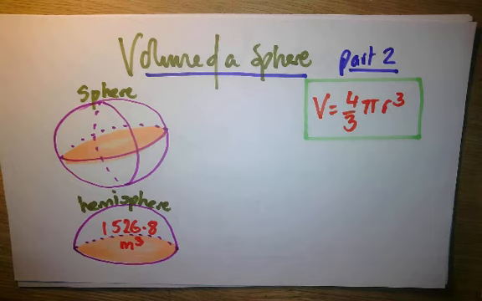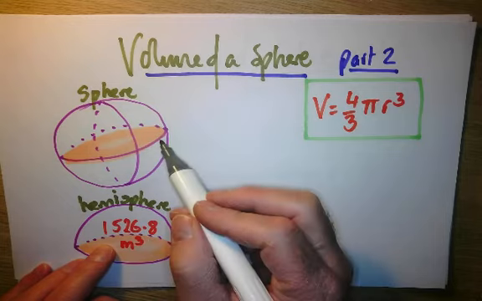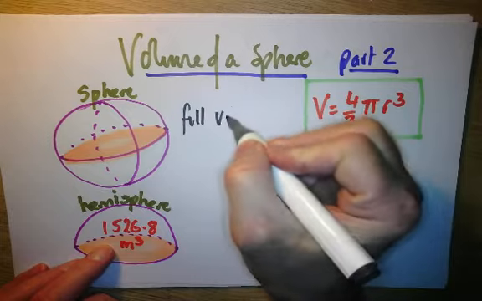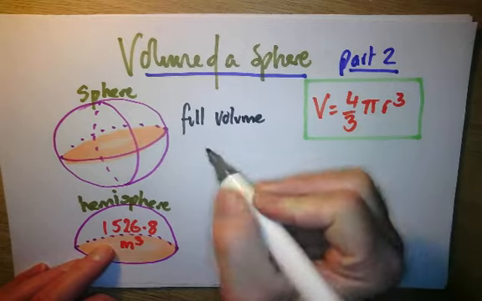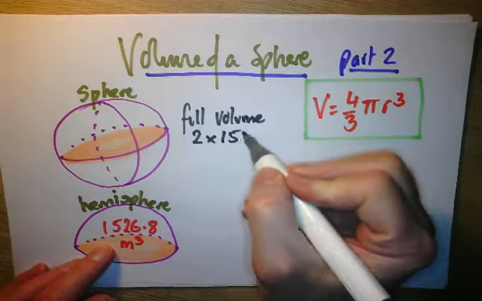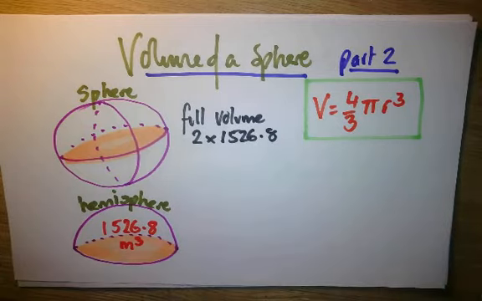Now there are two ways to do this, but I think the easiest way is to go this way. If we know that the hemisphere is that, and that's half the volume, I can double that to get the full volume. So if I'm going to write here full volume, it's going to be twice that, isn't it? Because that then tells me what the full volume of the sphere would be.